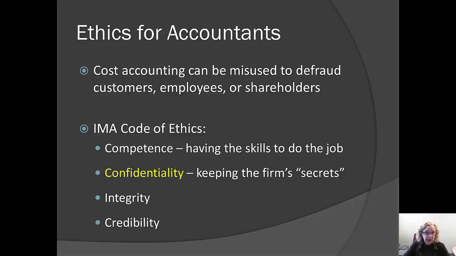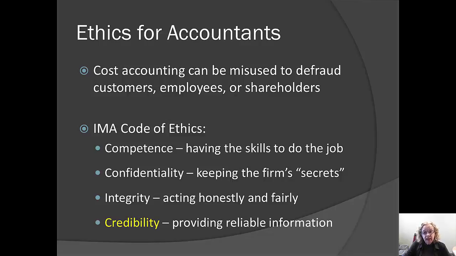Furthermore, as a management accountant, you must have high integrity, which means doing the right thing. When you do not act with integrity, you cast doubt on the entire profession of management accountants. So it's your job to behave honestly and fairly.